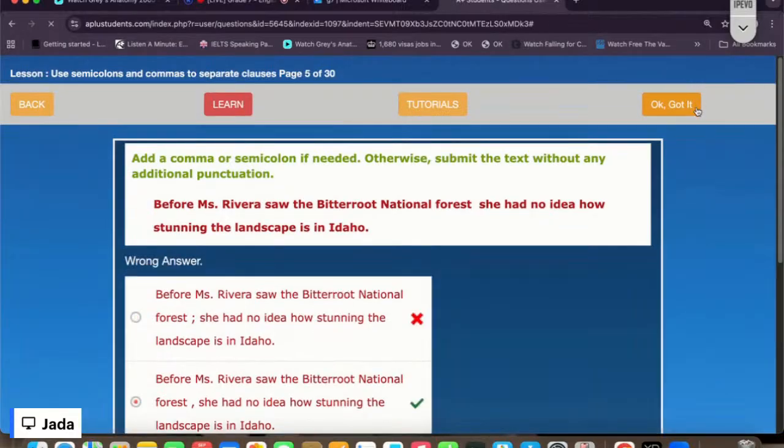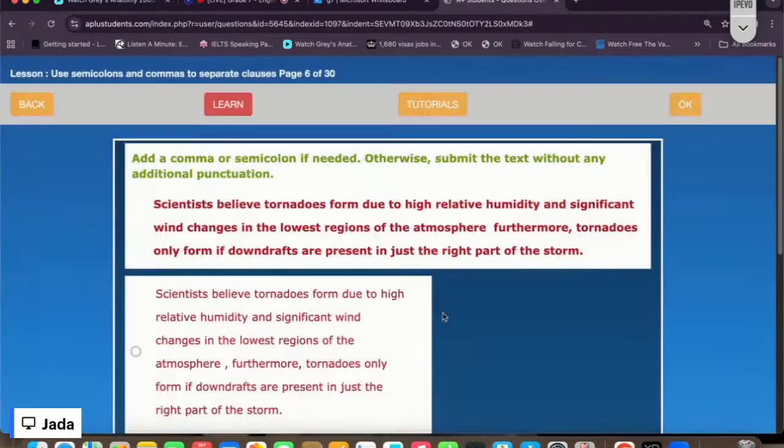Okay, so we have the second one here. Okay, alright.